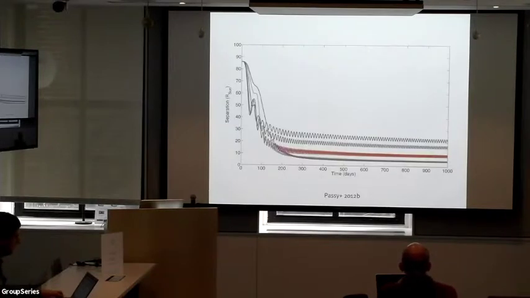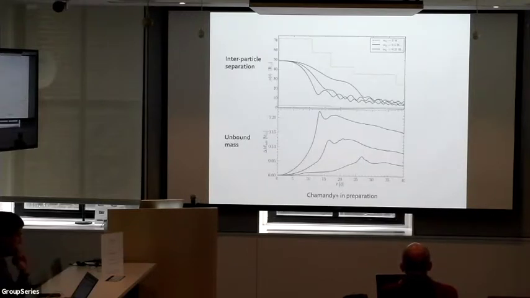Excuse me? Can you explain why, after first maximizing the unbound mass, the unbound mass goes down? Is that because of the box size, or is it sweeping up mass or something? Well, we try to explain this feature in our paper.